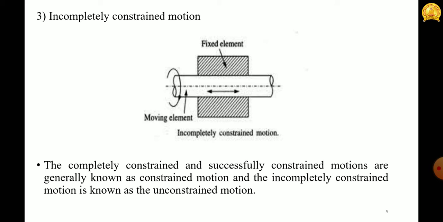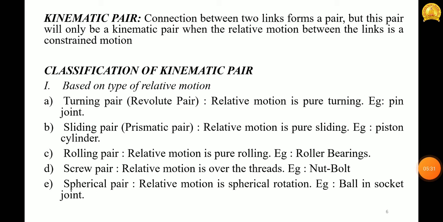A circular bar or shaft in a circular hole as shown in the figure is an example of incompletely constrained motion, as it may either rotate or slide in the hole. These both motions have no relationship with the other. The completely constrained and successfully constrained motions are generally known as constrained motion, and the incompletely constrained motion is known as the unconstrained motion.